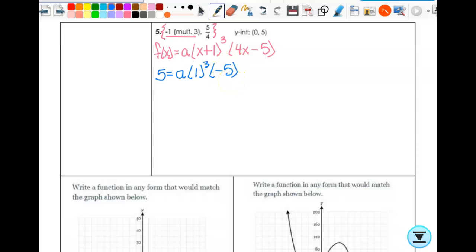If you forgot the multiplicity here, you'd get lucky and get the same answer. So this is going to be 5 is equal to negative 5a. A is equal to negative 1. So f of x is equal to negative x plus 1 cubed times 4x minus 5.